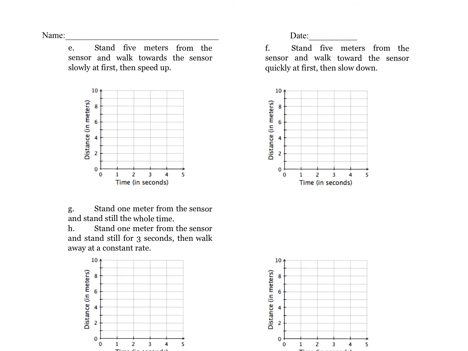So this first one says we are standing 5 meters from the sensor, okay? And once again, we are walking towards the sensor. That's important information, which means our graph will be going downward, okay? And this example says we are starting slow, and then we are speeding up, okay?